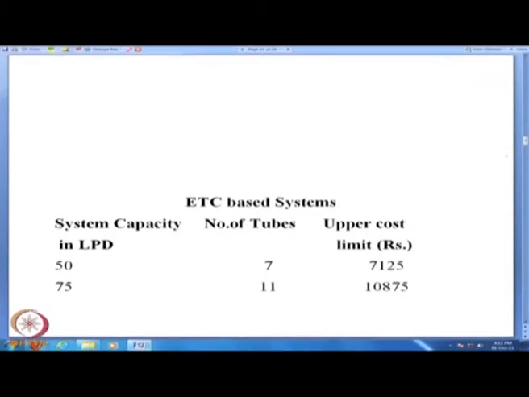In other words, the manufacturer should be able to supply the solar water heating systems at this price for the capacities as indicated. There is also a bank upper limit, which I have seen, though I thought it is not relevant to give it in this course.